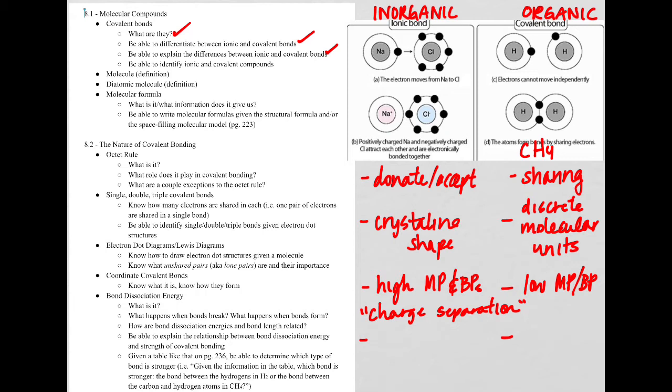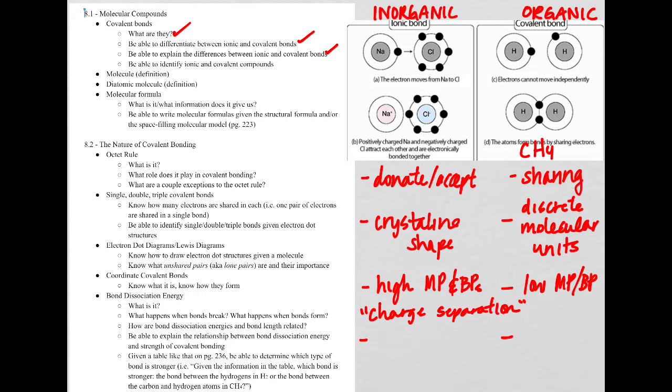So basically, as I was saying earlier, ionic compounds are only 100%, they're not going to be partially positive or partially negative, right? The ion is going to be 100% positive if it gives up an electron, or 100% negative if it accepts an electron.